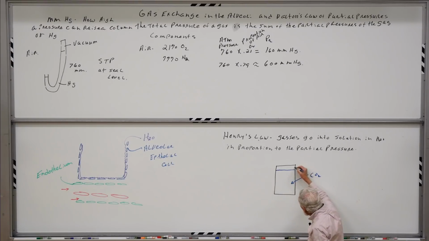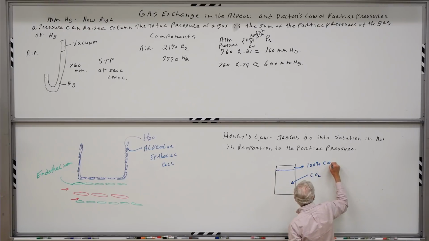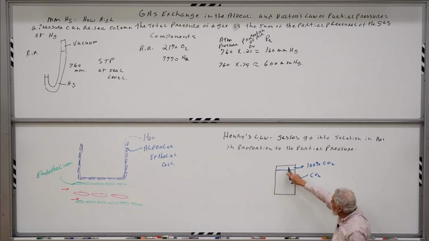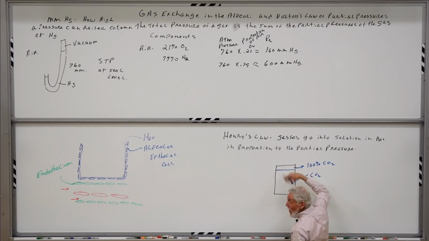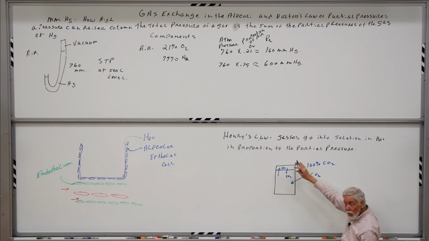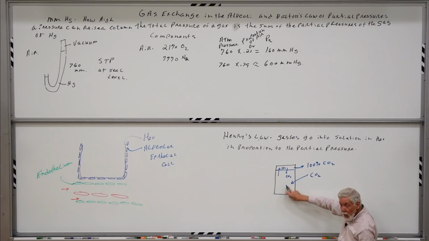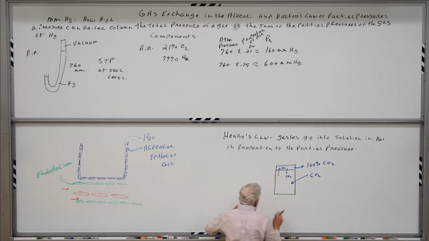And if you look at the gas up here between the top level of the fluid and the top of the can, this basically is going to be 100% carbon dioxide. And since this is 100% carbon dioxide, and based on Henry's law, there's going to be an equilibrium so that carbon dioxide will leave and go back into solution. So it comes and it goes. But now we have as much carbon dioxide in the fluid as we possibly get in. Now we open the can.